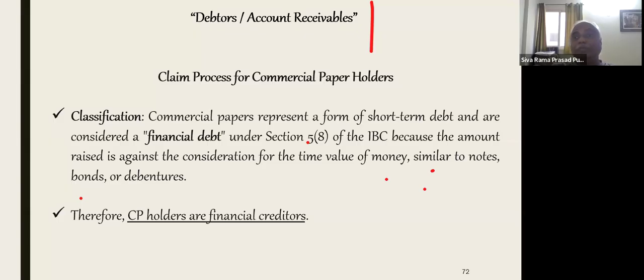So the commercial paper is to be addressed. Bonds, debentures, fixed deposits mobilized by the company, commercial papers, and home buyers are all to be addressed.